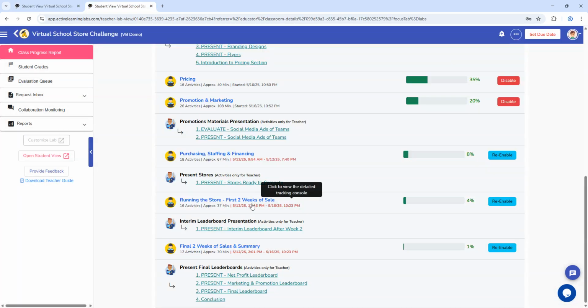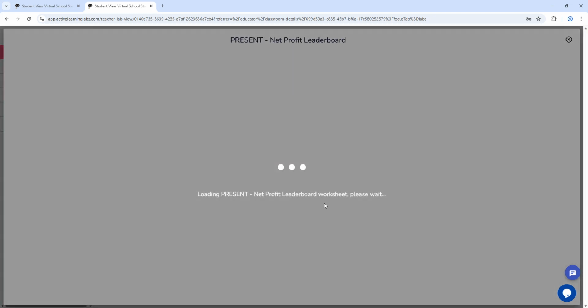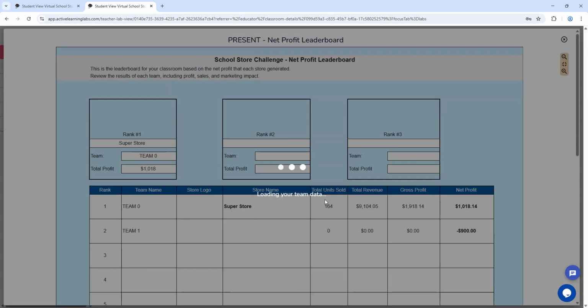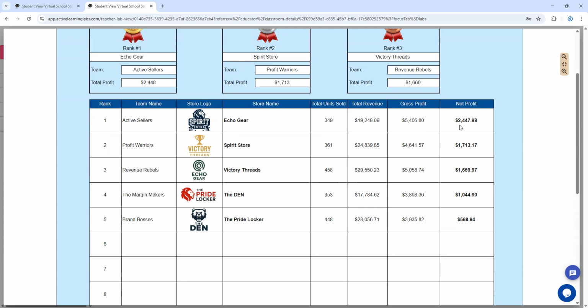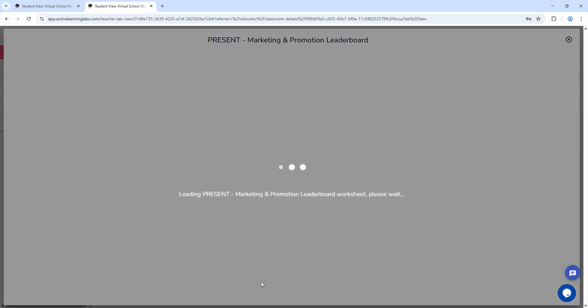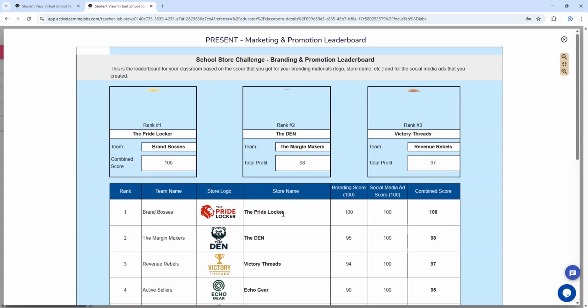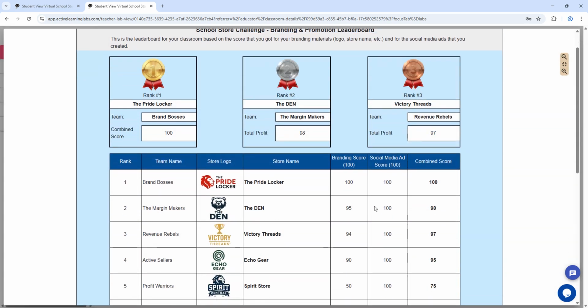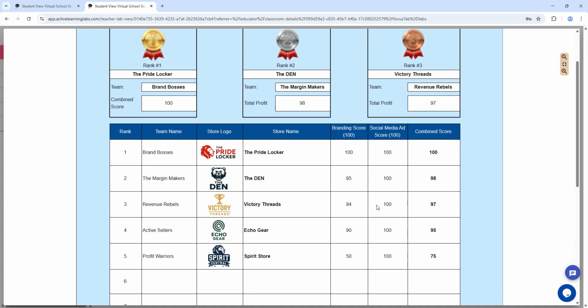And I'll just show you another classroom where there are several other team members. So here is the net profit leaderboard showing there are teams who made $2,400 in net profit, $1,700. Then there is another leaderboard which will show the score that every team got for their marketing and promotional materials, the branding and marketing materials.